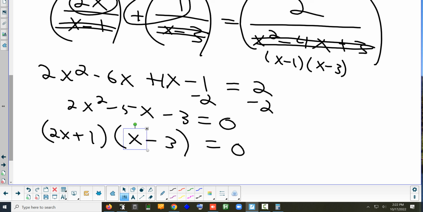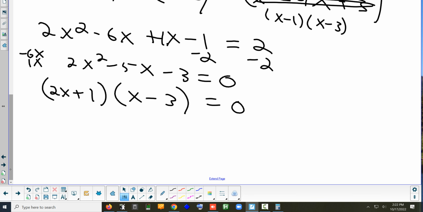2x times x is 2x squared. So that's good. 2x times negative 3. That's negative 6x. 1 times x is positive 1. Negative 6 and a positive 1 is a negative 5. Perfect. So now we've got something times something equals 0. So set each one of those equal to 0. And those are my answers.